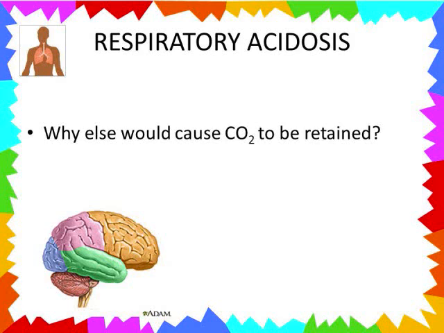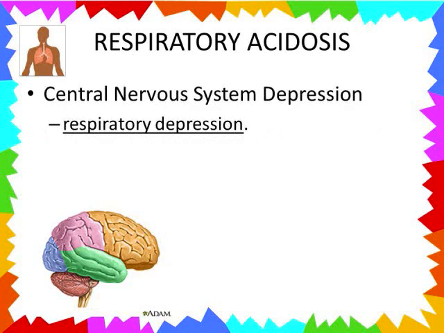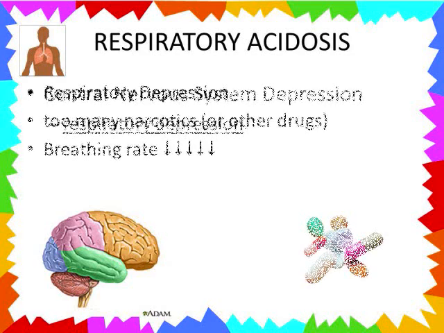Okay, what else would cause carbon dioxide to be retained within the bloodstream rather than passed out of the body through the respirations? Well, central nervous system depression can cause respiratory depression. The central nervous system is what stimulates the lungs to breathe. And if it is depressed, the person's going to go into respiratory depression.